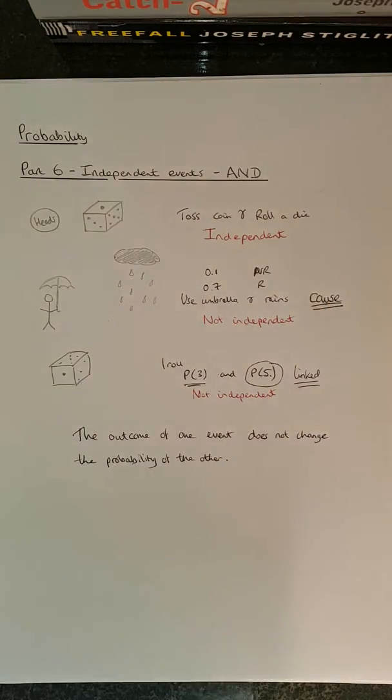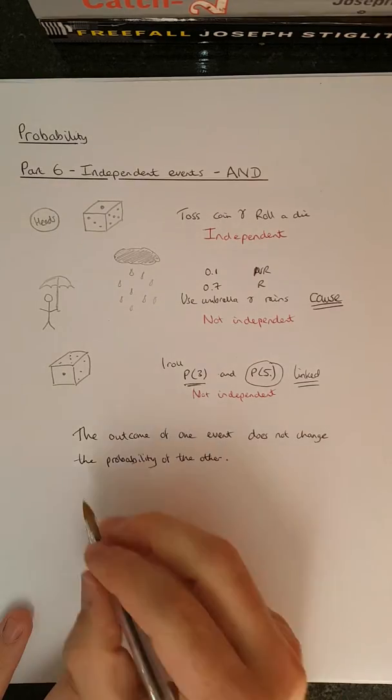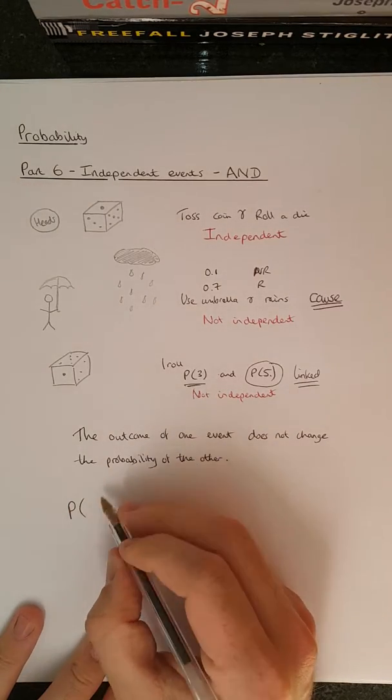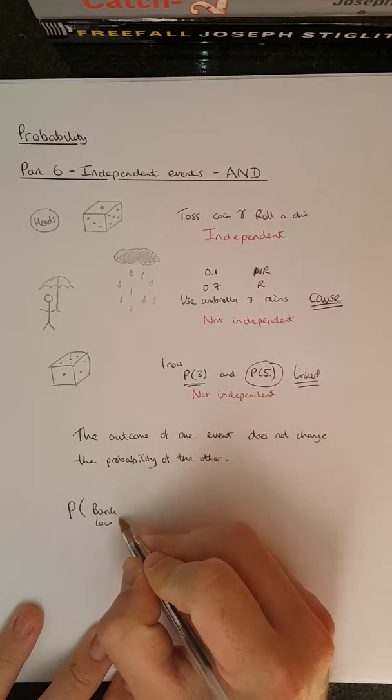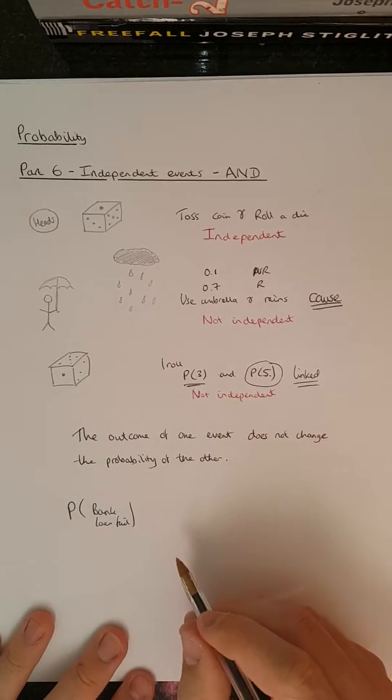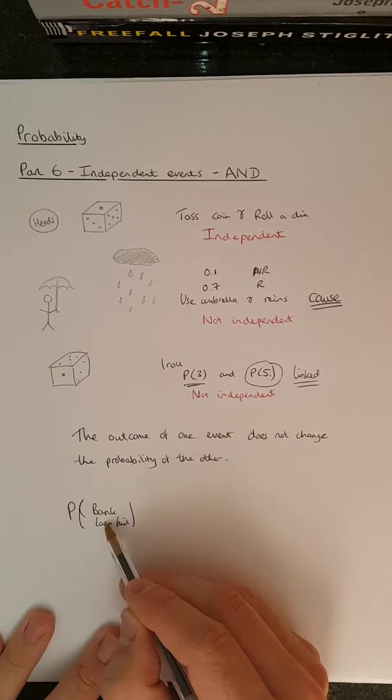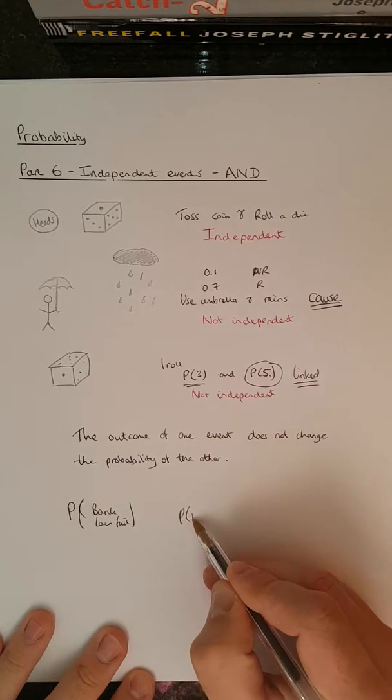So why are we talking about independent events, and what we're going to call the AND rule? Tossing a coin and rolling a dice. Umbrella and rain. Well, in lots of situations in life, we're going to have to talk about multiple events. The probability of a complicated bank loan failing used to be thought to be independent as an event from another bank loan failing.